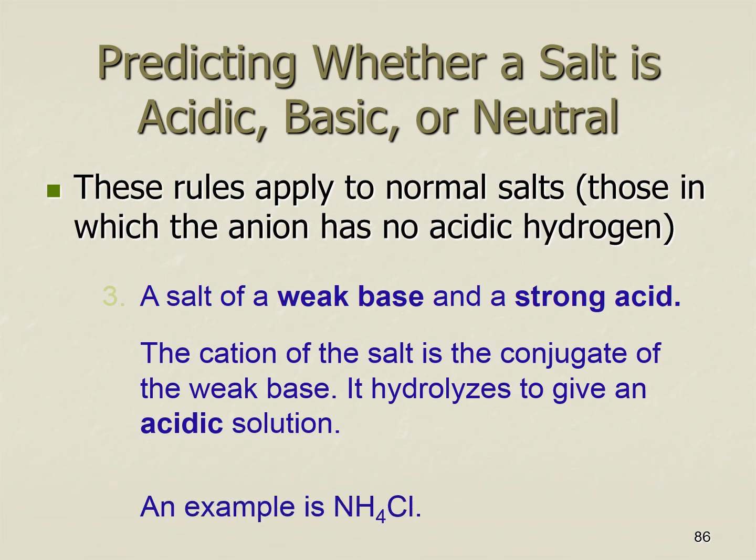An example of this would be NH4Cl. Another example may be copper chloride, CuCl2. So even if it's just a regular metal ion that's not one of the 6 positive ions, it will still be somewhat acidic.